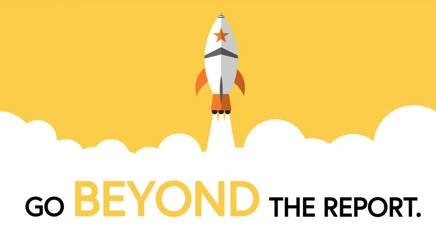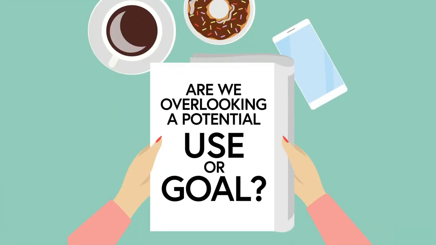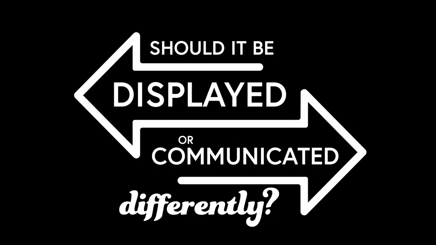You want to make sure that all that work is useful beyond that one initial purpose. So we want to think about whether we're overlooking a potential use or goal. Is there something else we could be using this information for? Is there someone else we can be talking to?